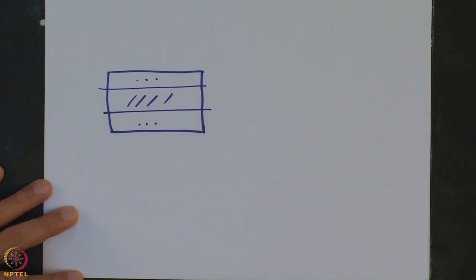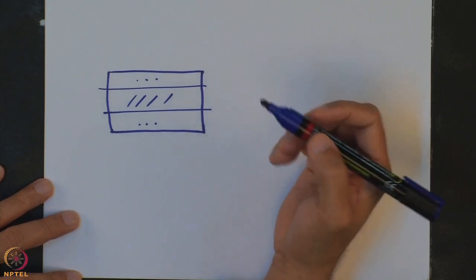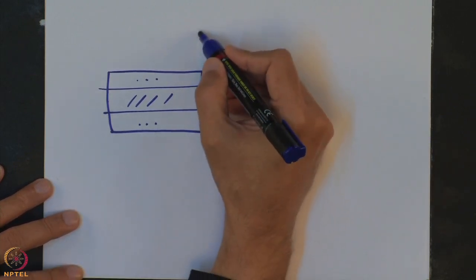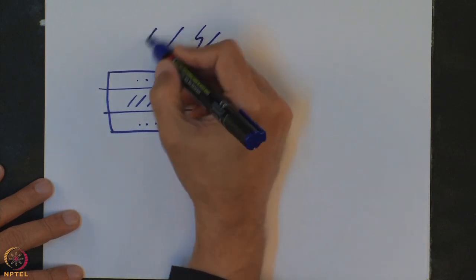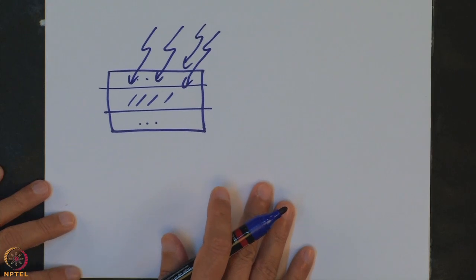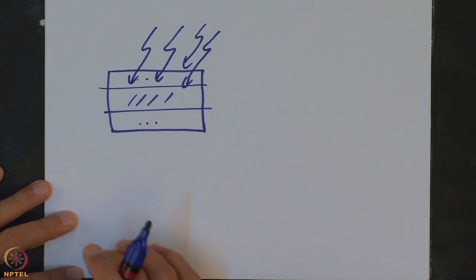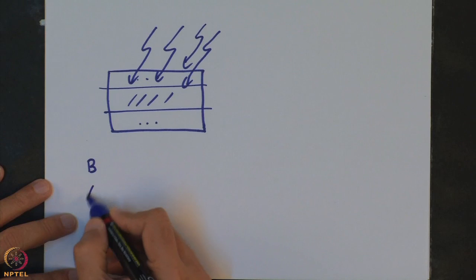We know this. Now, with some technique, we try to bombard the semiconductor solid with an impurity. There are many trivalent or pentavalent impurities. Trivalent, like for example boron or aluminium.